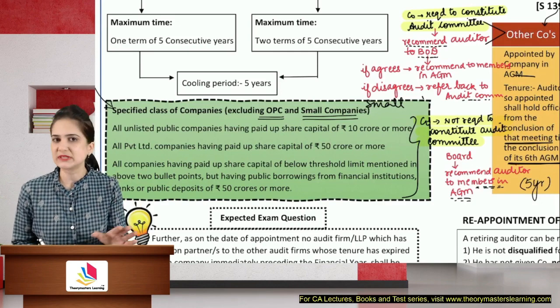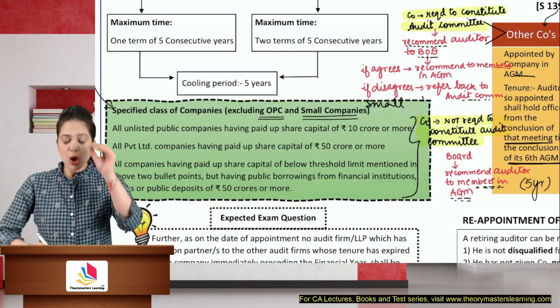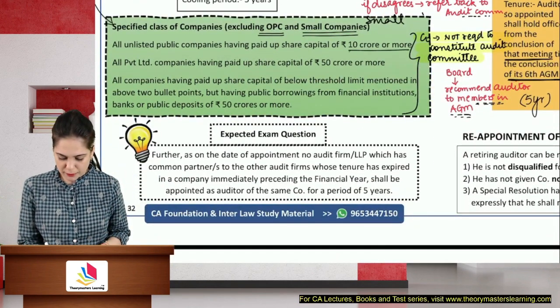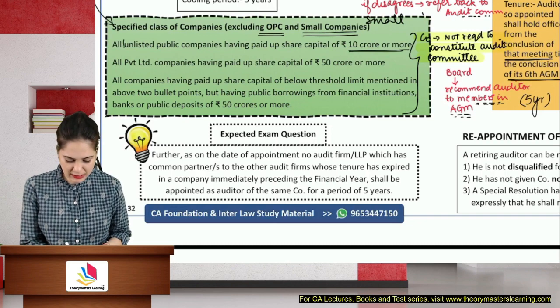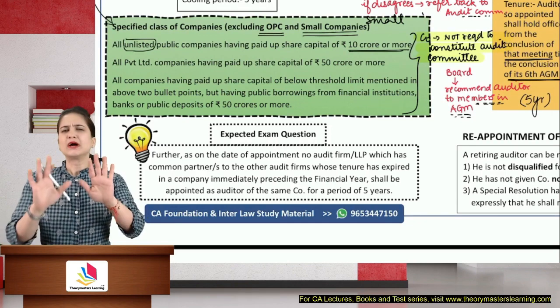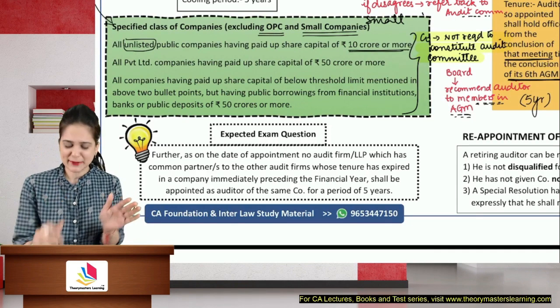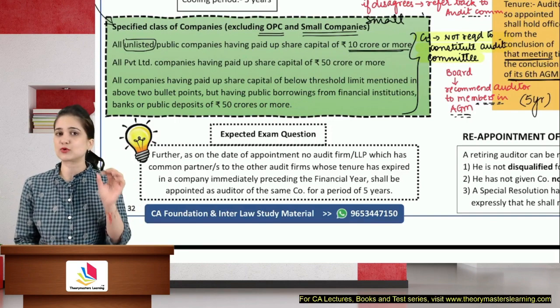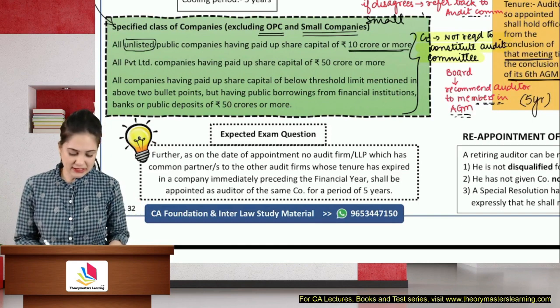So we will not consider OPC and small company, but we will consider all unlisted public companies having paid up capital of 10 crores or more. So if you are an unlisted public company, rotation will ideally not apply to you because it applies only to listed company. But if your paid up share capital is 10 crores or more, then the rotation part applies.